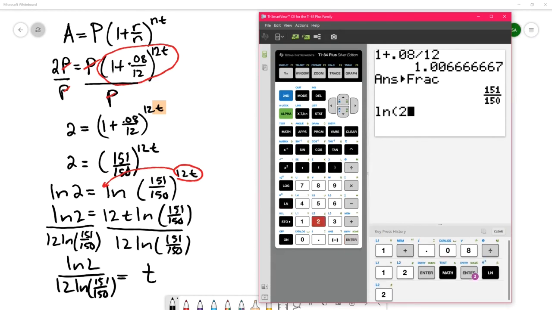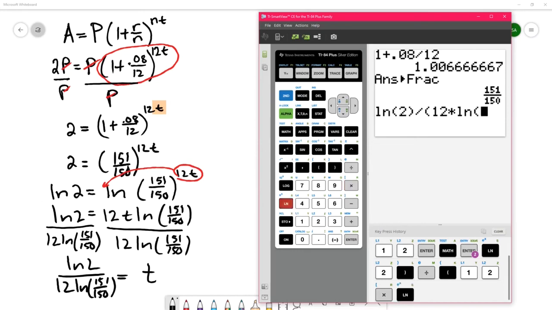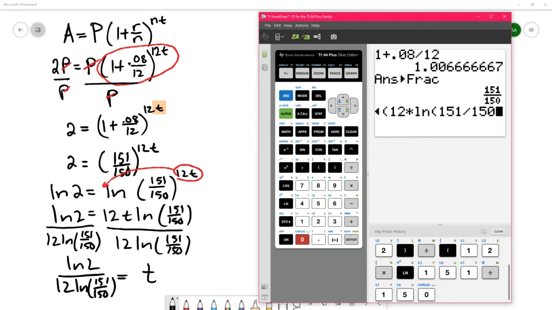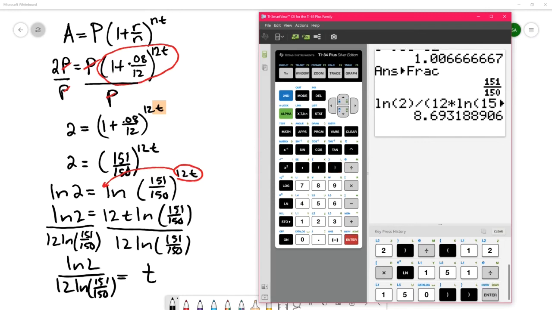Natural log 2 divided by, and I need parentheses around my whole denominator, 12 times natural log of 151 over 150. Close parenthesis for the log and close parenthesis for the denominator. So that gives me 8 years and some change, 8.69 years.